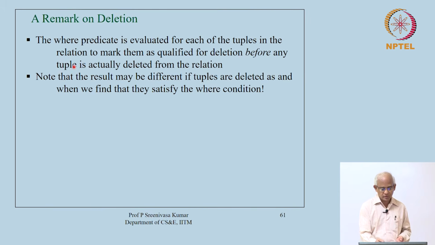So, before deleting any tuples, we mark all those tuples that satisfy the where condition that is specified. This is very important, as you will see. Deleting these rows as and when they satisfy the where condition is a little dangerous. Let me illustrate that with a query here.